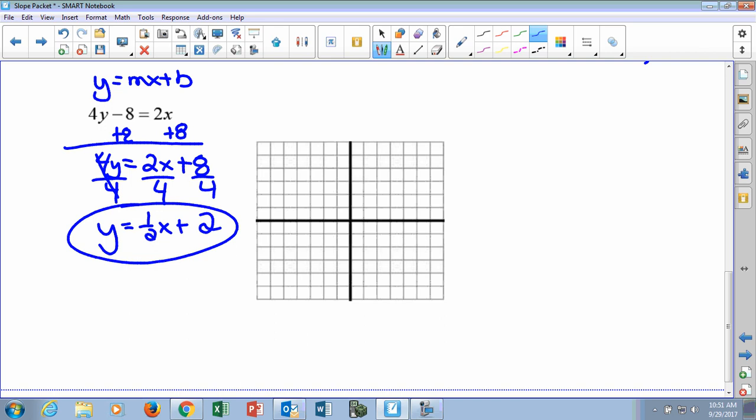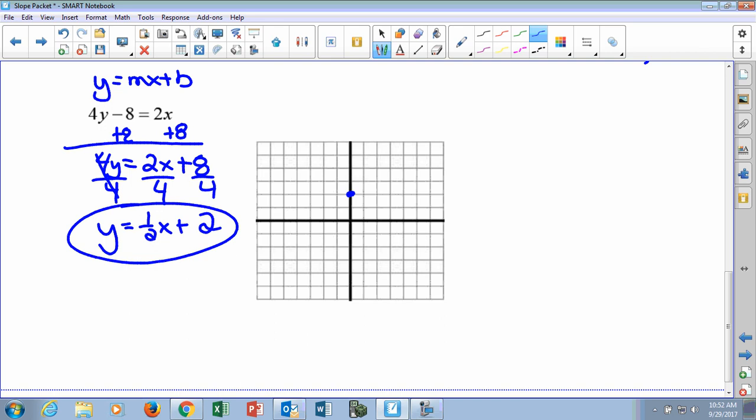So if our y-intercept was what, Sander? 2. Yeah, 0, 2, right? The coordinate 0, 2 is right there. Okay? That's our y-intercept. That's our b. All right? What's my slope, Max? 1/2, right? So rise over run from 0, 2. What are my directions? What do I got to go?